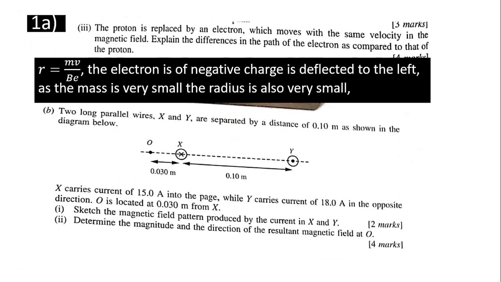Electron is of negative charge, so it is deflected to the left. The mass is very small. Right? So you may want to say that, not very small, but you may want to add a little bit more since there are 4 points there.